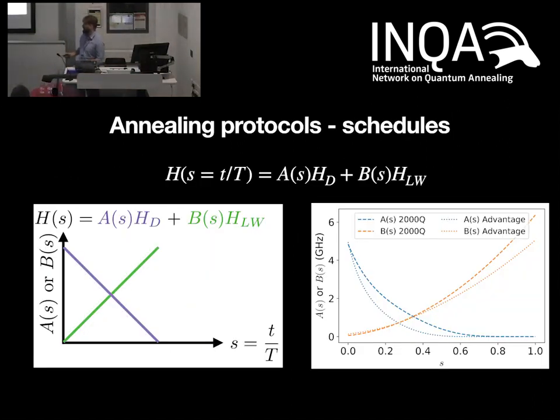In our case, we consider the trivial linear schedule, but we also looked at D-Wave schedules. I will focus mainly on these results, but the same conclusions actually hold if we use a more elaborate schedule.